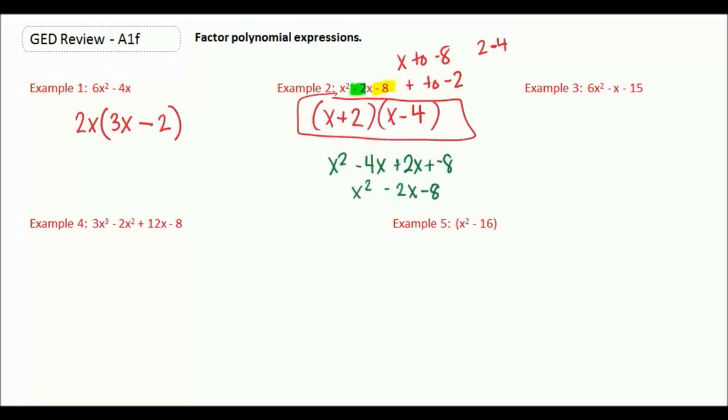Example 3 is very similar to example 2, but the problem is we don't just have x squared out front. So you have to play around with it a little bit. It's kind of like a guess and check. It's quite possible that we might have x and 6x in our parentheses.